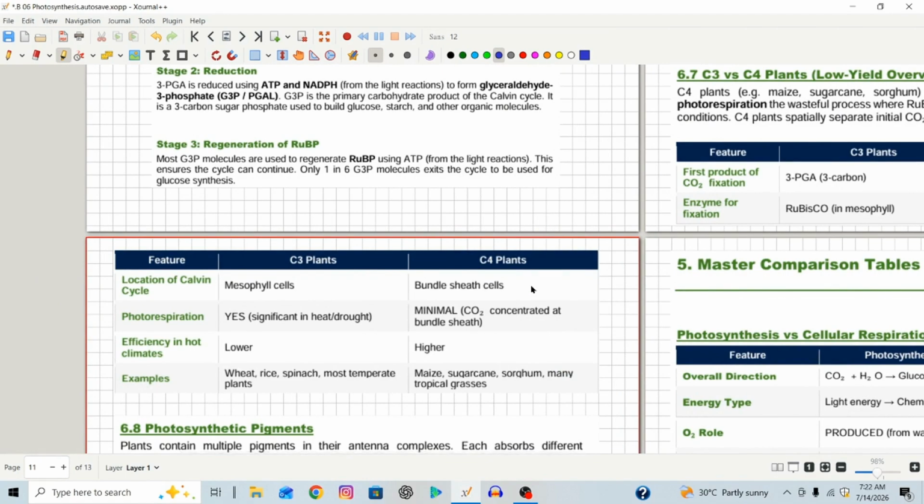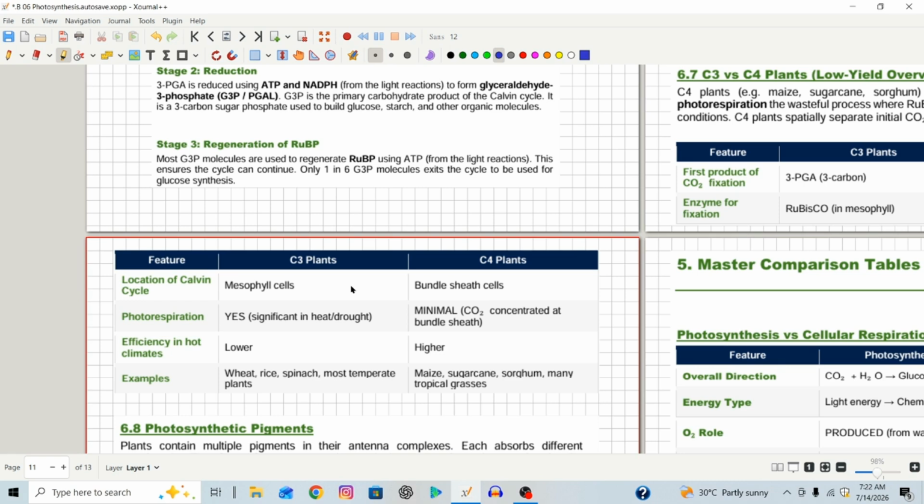In C3 plants it happens in mesophyll cells, while in C4 plants it happens in the bundle sheath cells. C3 plants follow photorespiration, while C4 plants do not. But even if they do photorespiration, it is really minimal and close to zero.